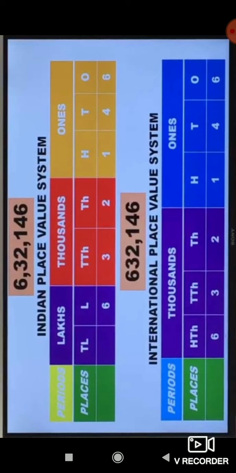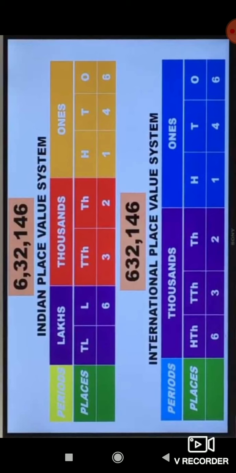So consider an example: 6,32,146. We can write this number in both the Indian system of numeration as well as the international system of numeration. First, write it in the Indian place value system.